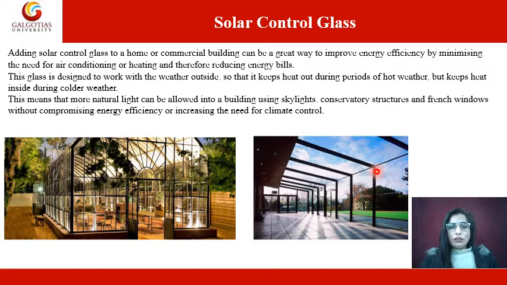So it means it allows natural light, using skylights, conservatory structures and French windows, without compromising energy efficiency or increasing the need for climate control. So that's why we use solar control glass.